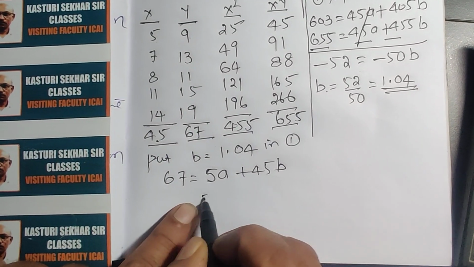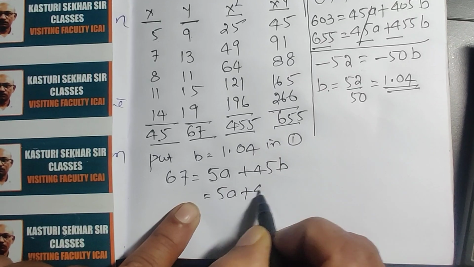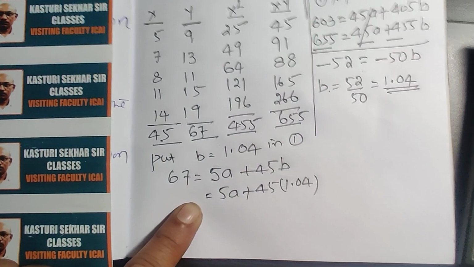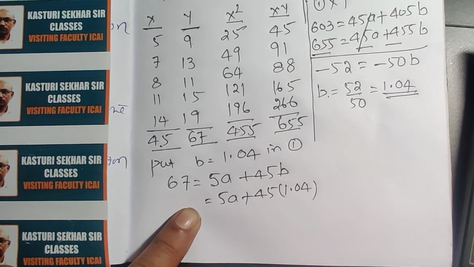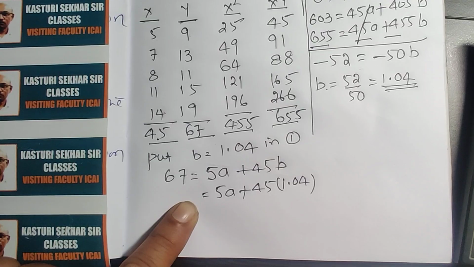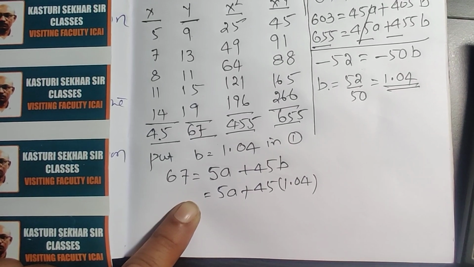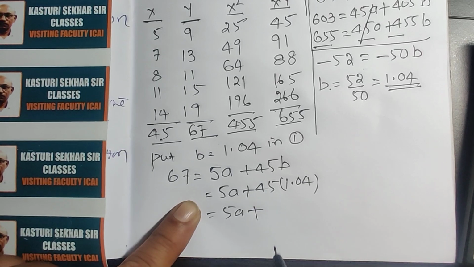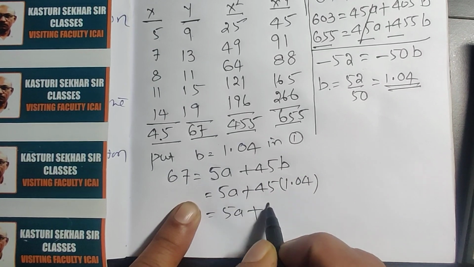So this 5A as it is. 45 into B value 1.04. So it is 1.04 into 45. This is equal to 46.8.